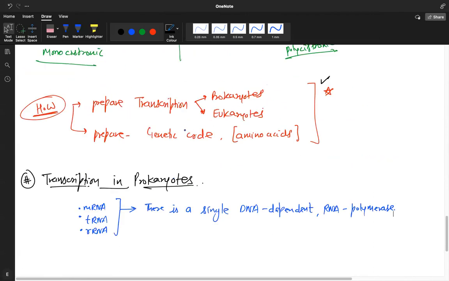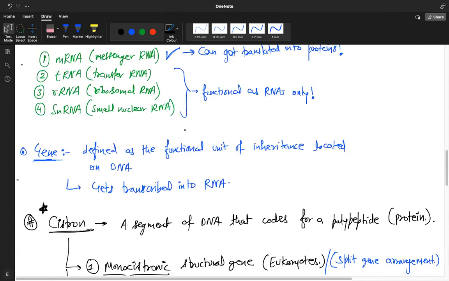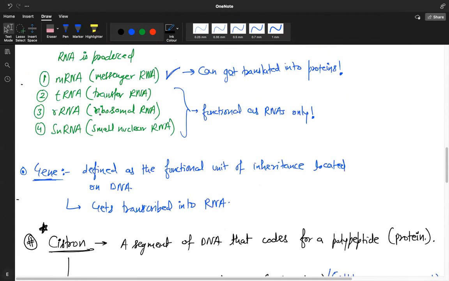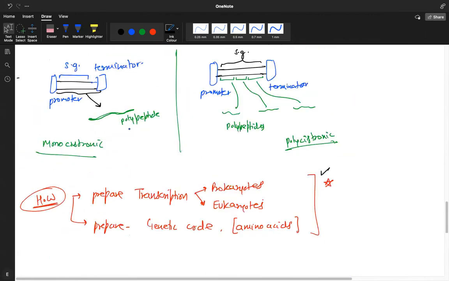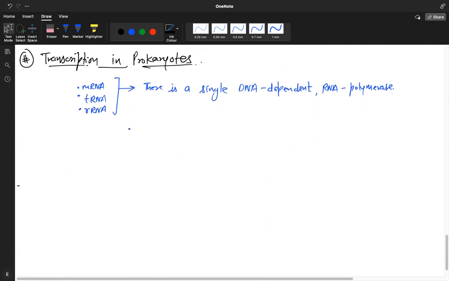I've also told you the function of the different RNAs: messenger, transfer, ribosomal. I've just told you the names, so let me also tell you the function now. Have you written down the function already?